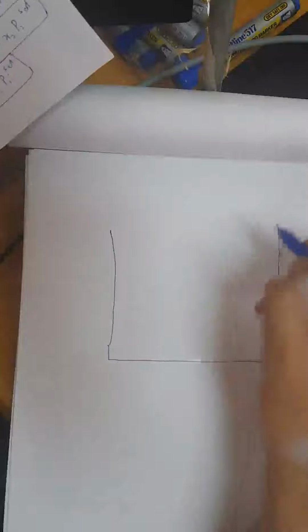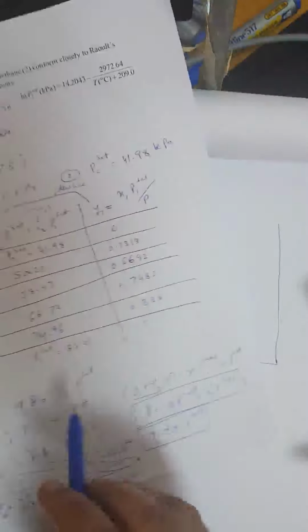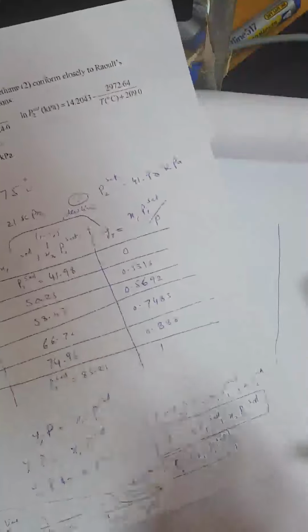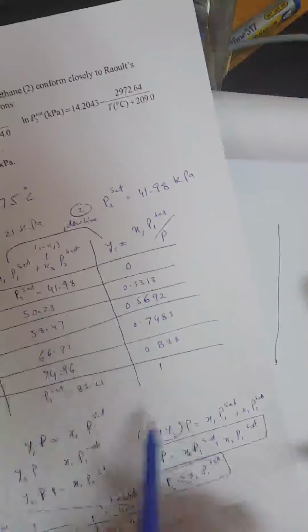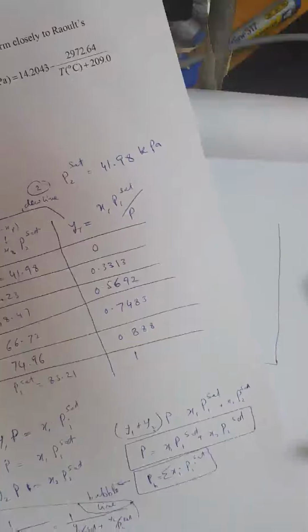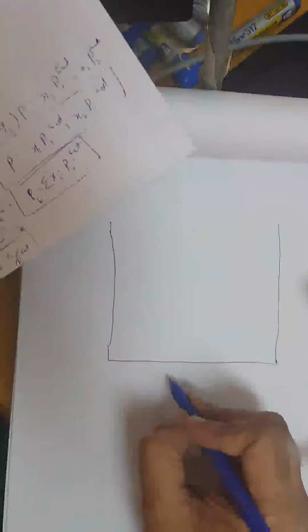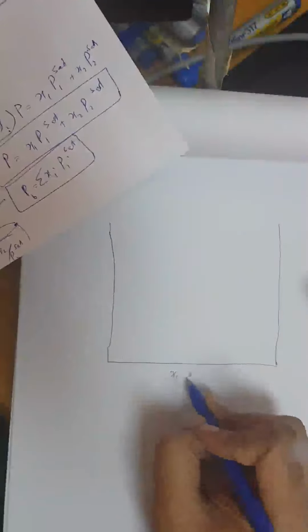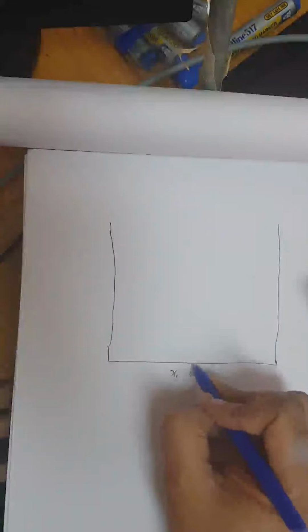So let's see how we can plot. You are familiar with how we can plot, but quickly we can go through. You see, all the calculation I did was based on x1 and y1. I didn't calculate anything except P2 set. The remaining values are all based on x1 and y1. So we have x1, y1, with 0.1, 0.2, 0.3, 0.4, 0.5, 0.6, 0.7, 0.8, 0.9.